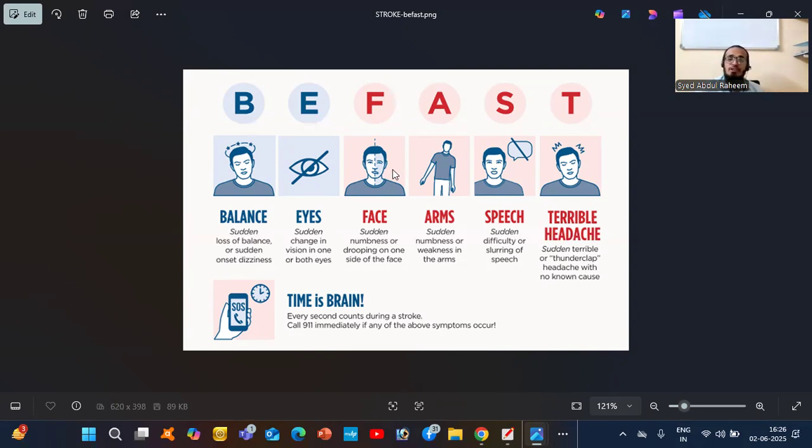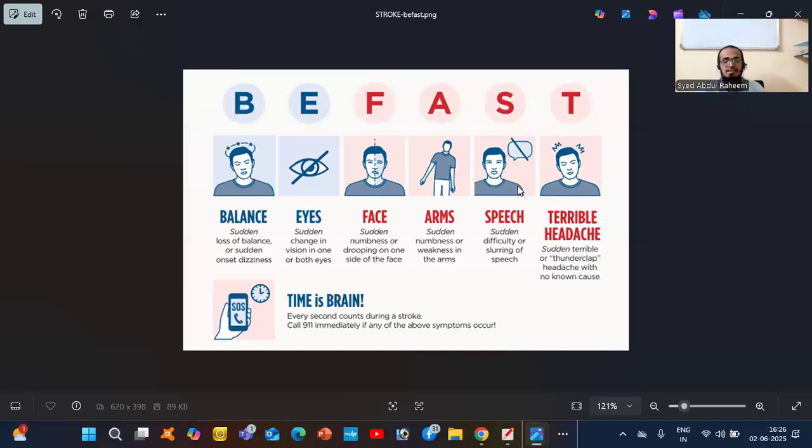F for face: half of the face is paralyzed, numbness, drooping like this, or saliva, unable to close the eyes. A for arm: sudden loss or weakness of arms or limbs. Weakness, numbness, unable to lift or move the hand or unable to walk, anything can happen.